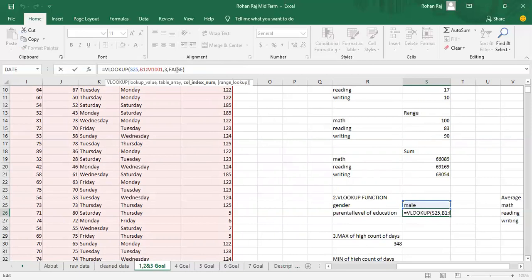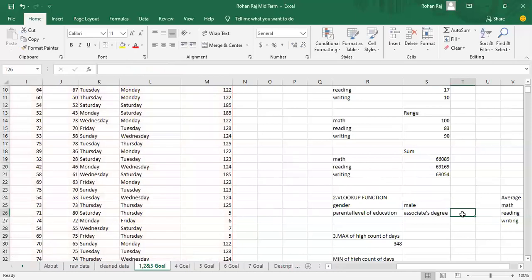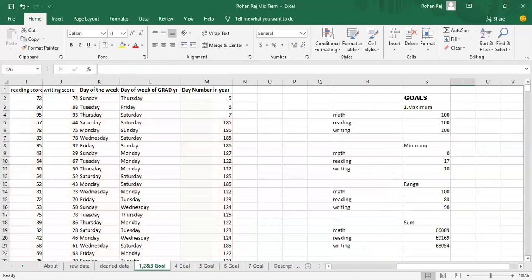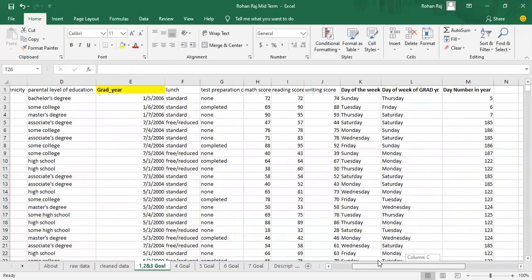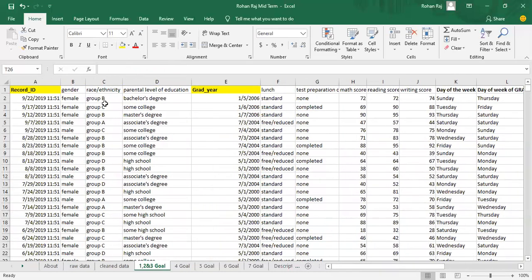If you need the exact match, we have to use false. So for the VLOOKUP, the associate degree is male, and you can see over there also for the male, yeah, it's an associate degree.